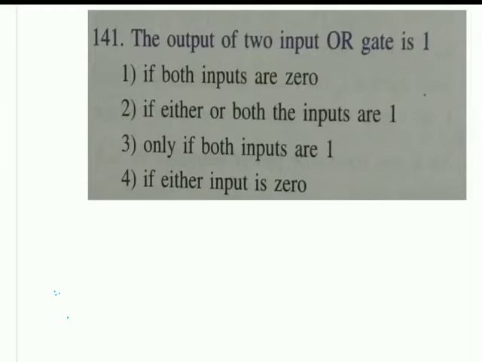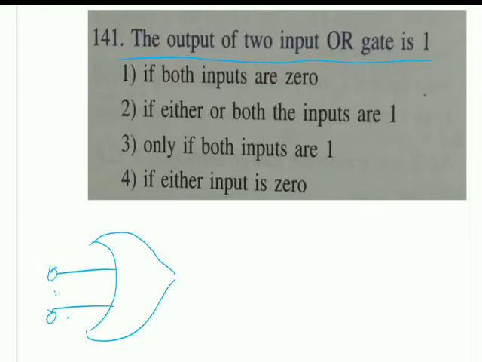The output of a two-input OR gate is 1. Okay, I will draw the OR gate symbol and circuit. This is the OR gate.